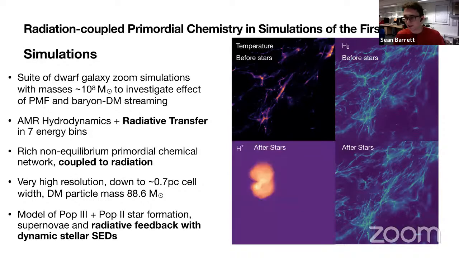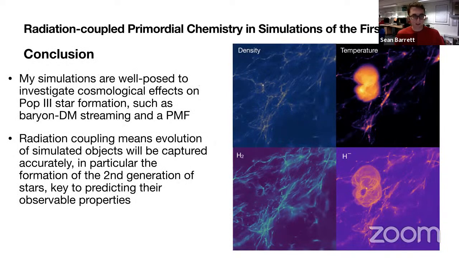And you can also see the ionization is simulated in the code there. So to wrap it up, my code is uniquely well posed to investigate various things about population 3 star formation, and in particular, we're going to look at the cosmological effects like the primordial magnetic field and a streaming velocity between baryons and dark matter.